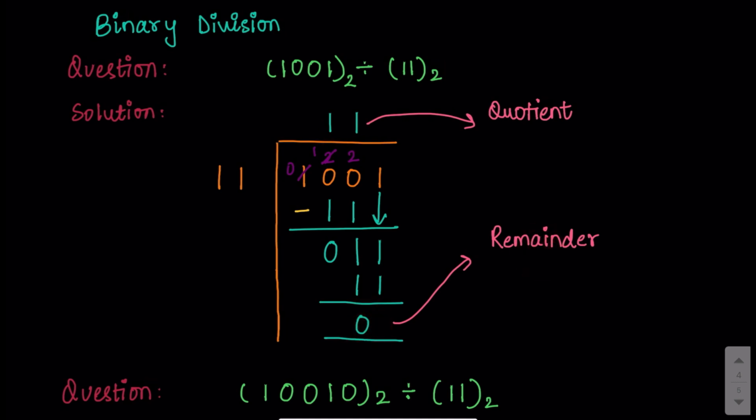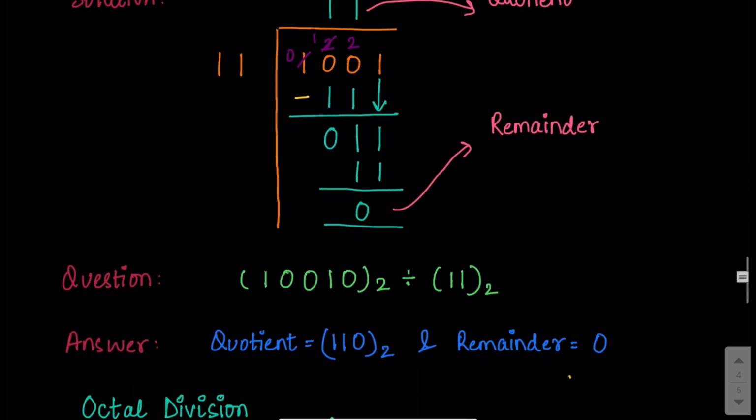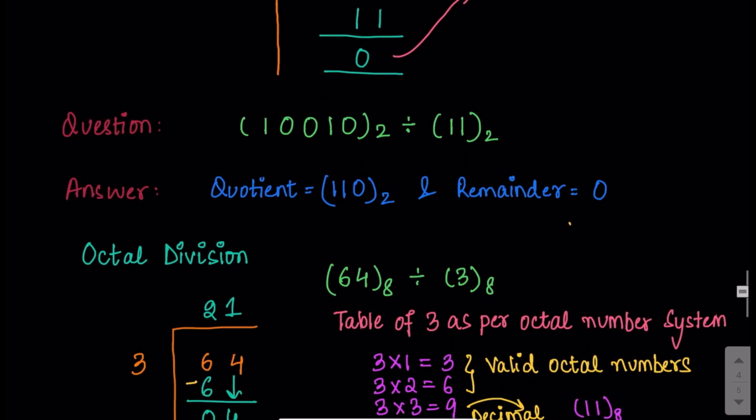In a similar way, we can perform the binary division in the next case. If we have 10010 divided by 11, let us see how we will do this question.